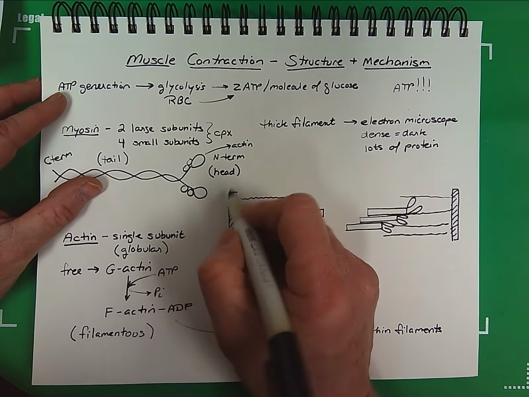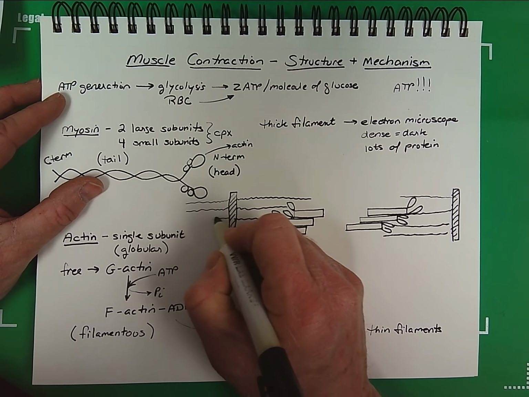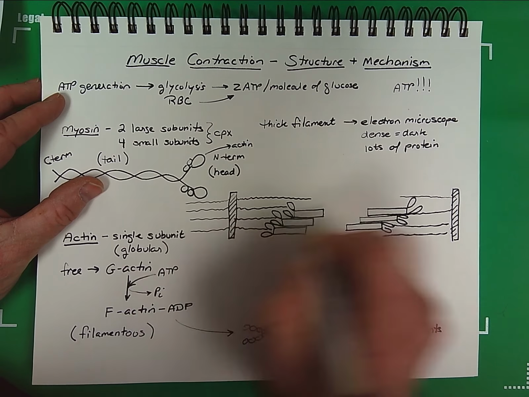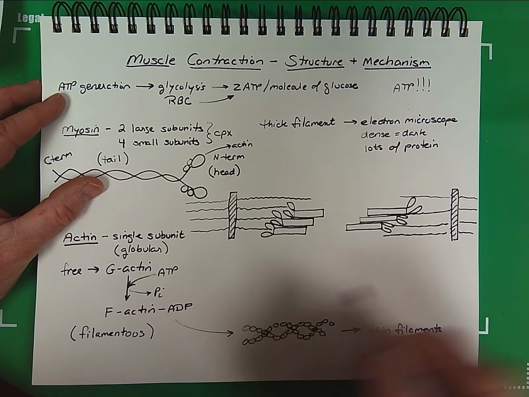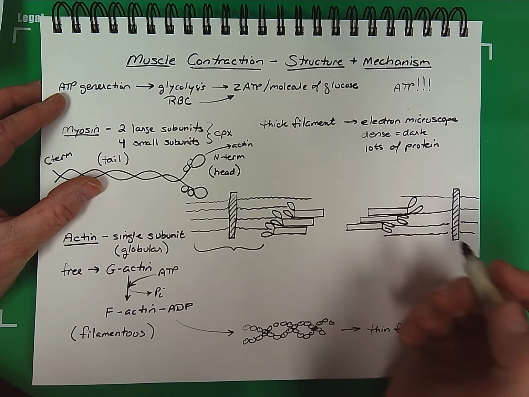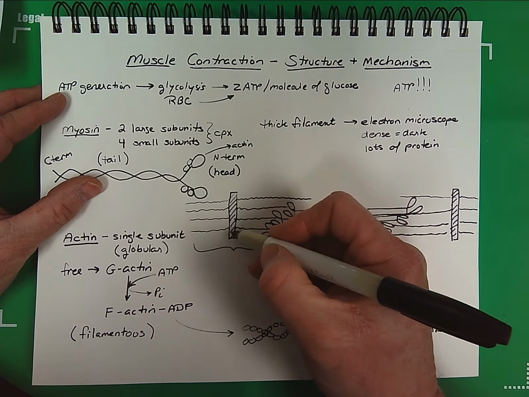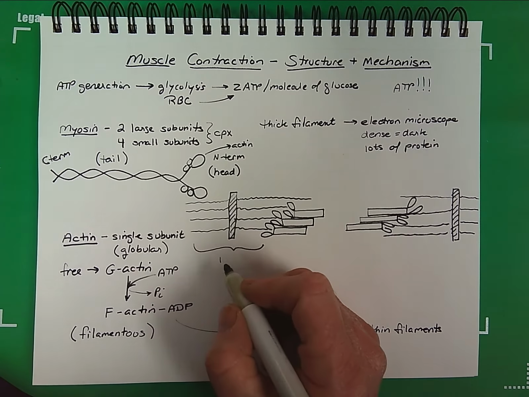Now these bands have names in the electron microscope. We have actin filaments coming out the opposite direction, of course, like this. And this particular region is going to be very light with the central band, and this is called the I band.